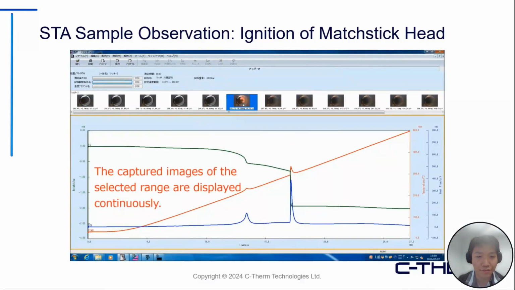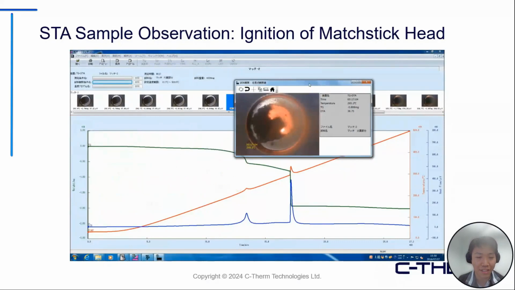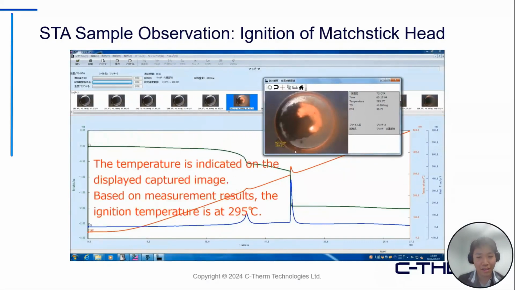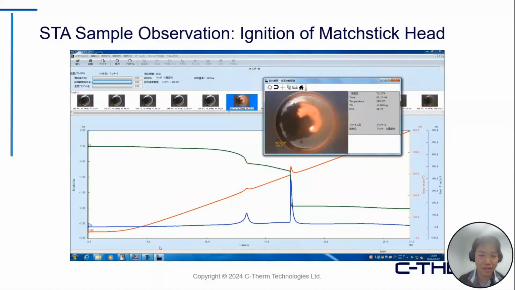So here a snapshot of the moment of ignition can be extracted and used in further reporting. And this would give confidence in the reporting process, since we can say for certainty that this is the reaction that occurred at that temperature.